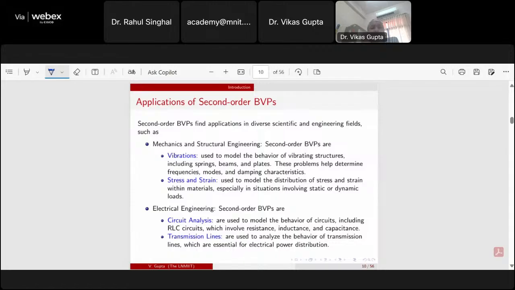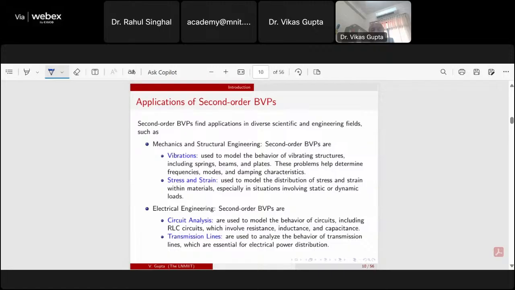There are a large number of applications of second order boundary value problems in diverse fields of science and engineering. For example, second order boundary value problems are used to model the behavior of vibrating structures, including springs, beams, and plates. These problems help determine frequencies, modes, and damping characteristics of the vibrating structure.